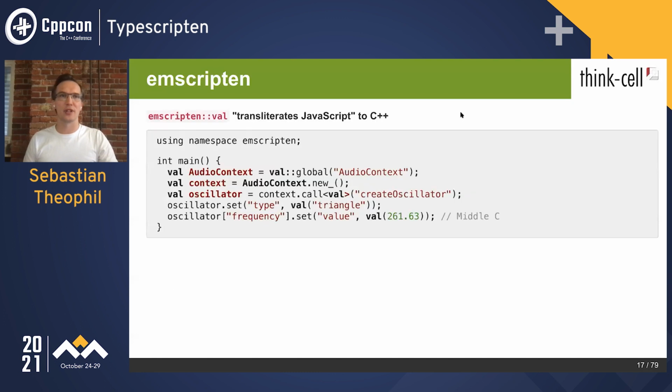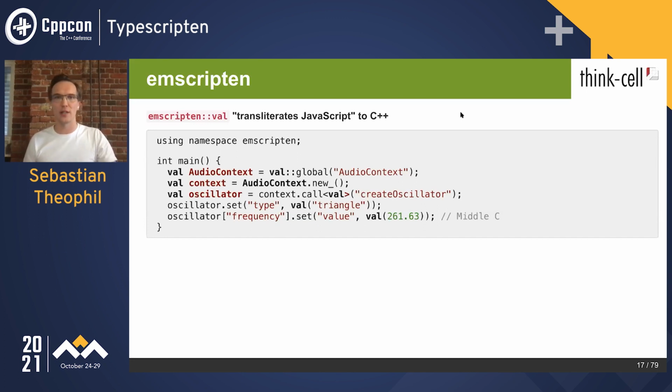Emscripten has another interesting way, which is called the embind API. It essentially is provided by the emscripten val object that lets you translate literally JavaScript to C++. So here in that example, we are accessing the audio context API from JavaScript. So we are getting a reference to the global audio context object. We are creating a new instance of that audio context.